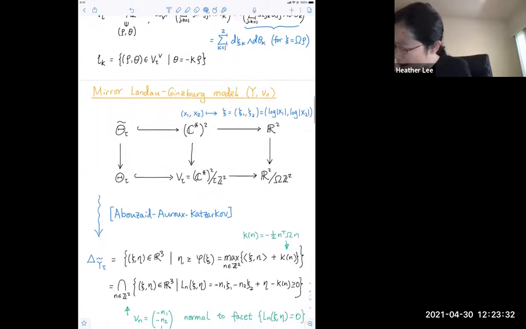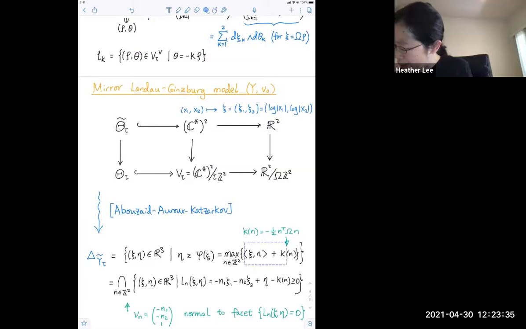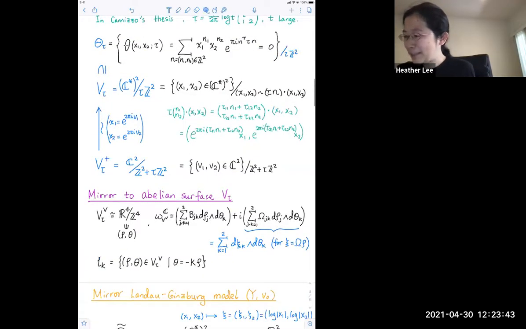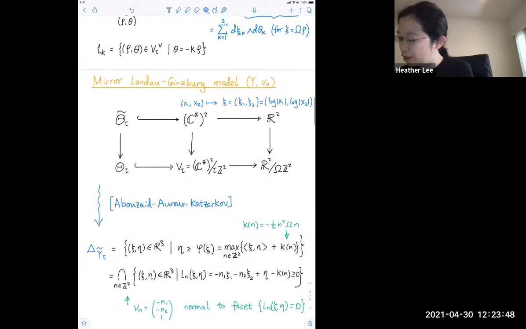Anyways, I don't want to dwell on this formula since I'm now going to explain the work that is the focus of this talk. But the point is, we look at the exponent of this formula, and for each term we get the expression here. So there are infinitely many terms, one for each n in Z^2.